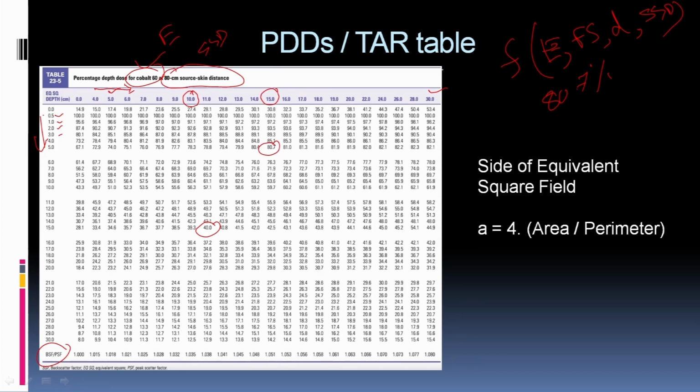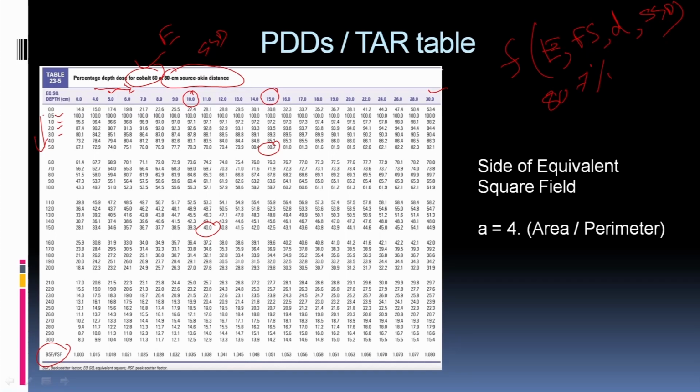Now you can see that all these data are given for square fields, but in our clinical situation it may not be possible to treat the whole target by a square field only. So we design our field according to our requirement.